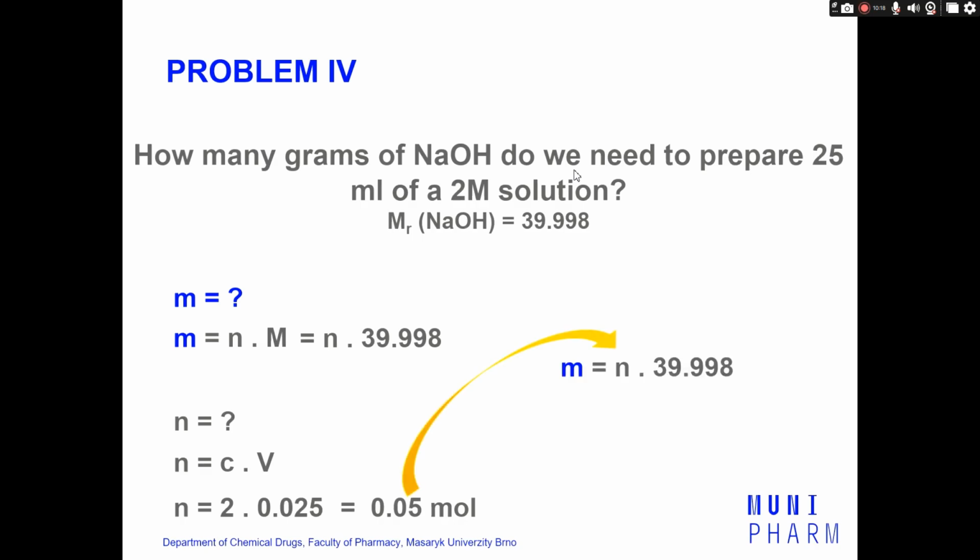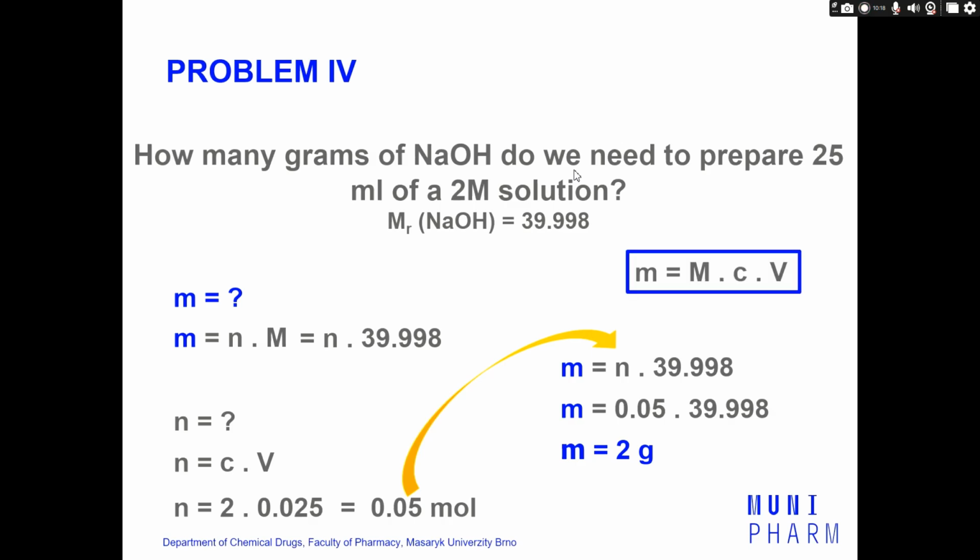Using this value in the original formula, we obtain the final value of 2 grams of sodium hydroxide. In this case, we could also use the derived formula for calculating mass directly from the molar concentration that we have derived on a previous slide. The procedure then would be one step shorter.